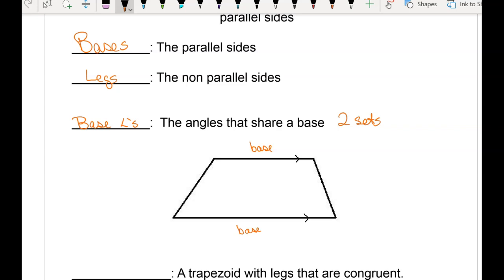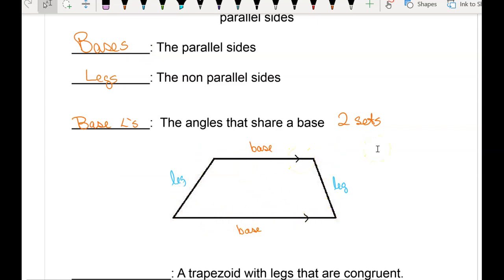Remember, the bases are the two sides that are parallel. The non-parallel sides are called the legs. So right here are my legs, and right here are my bases.